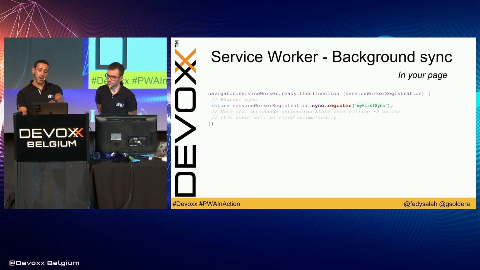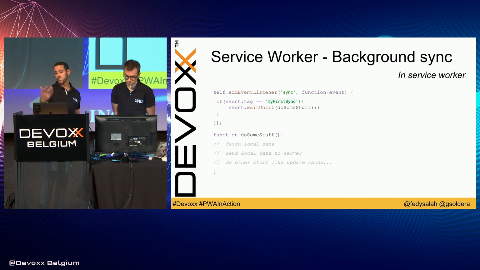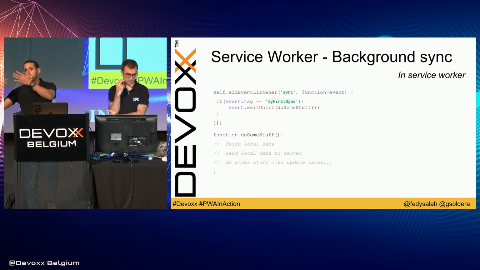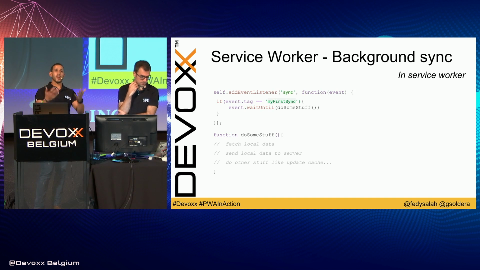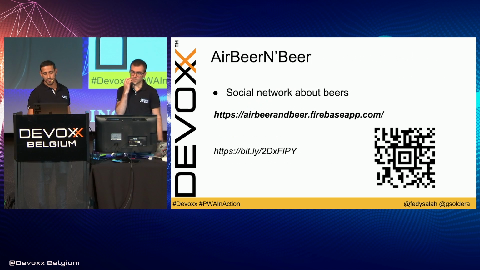This code we have to write in our page, and then in the service worker we have to listen, just like notification, for the event called sync and test for our tag, and if it is our tag, we will wait until we can do some stuff. That stuff would be fetching local data and sending it to the server, and maybe doing other stuff after that, like updating the cache or displaying stuff to the user. It really depends on our implementation.